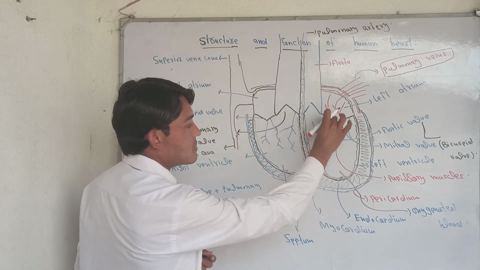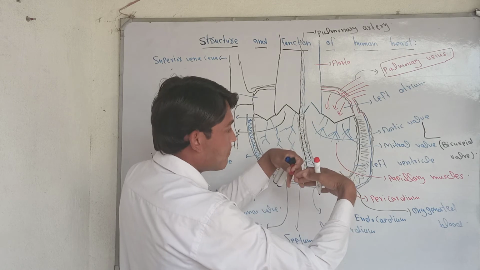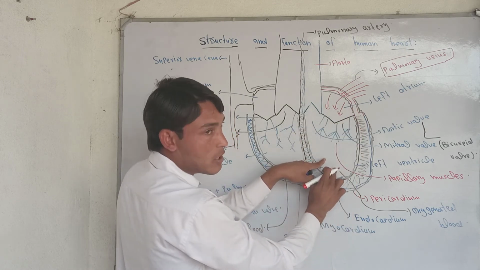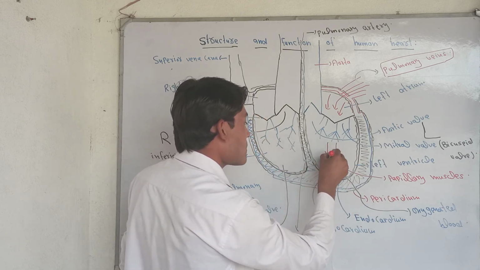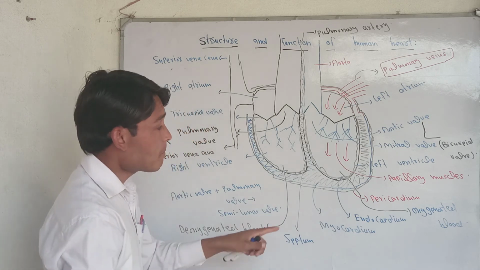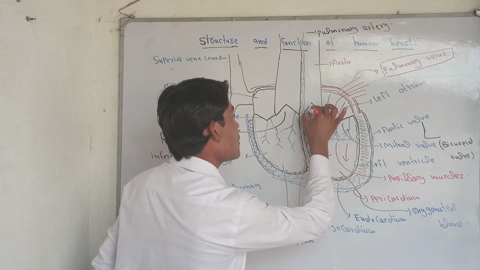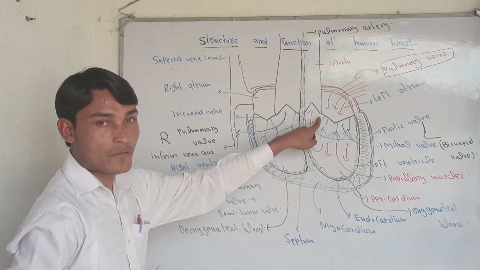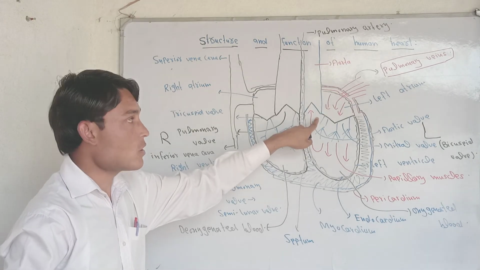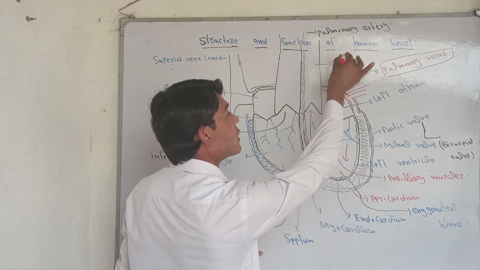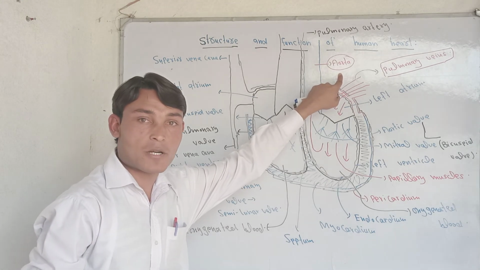Then there is a valve which is called the bicuspid valve. The bicuspid valve opens and the oxygenated blood comes to the left ventricle. Then it moves toward the valve called the aortic valve, also called the semilunar valve. The aortic valve opens, and this is the aorta, the largest artery, which carries oxygenated blood to the body parts.